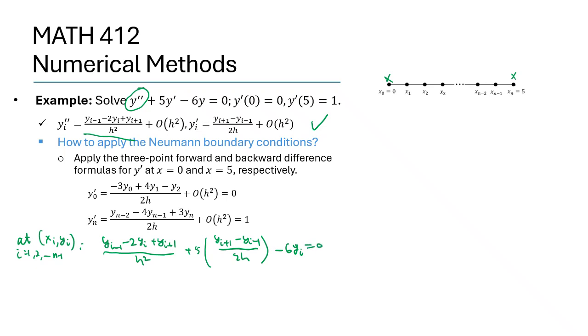We don't like h squared in the denominator, so multiplying each side by 2h squared, we will have 2, minus 4, 2, and 5h, and 12h squared.